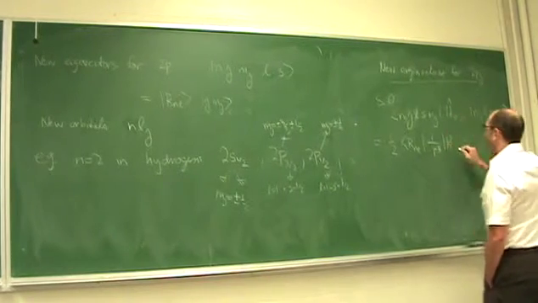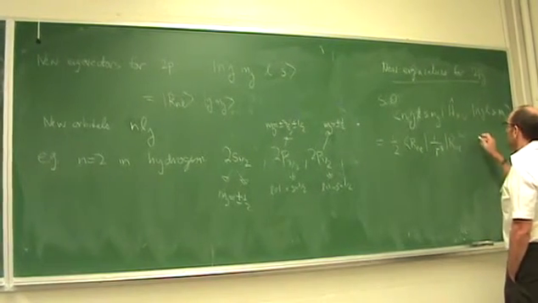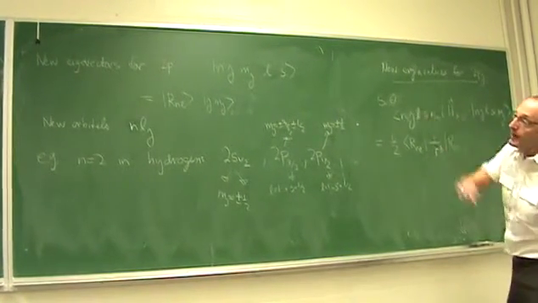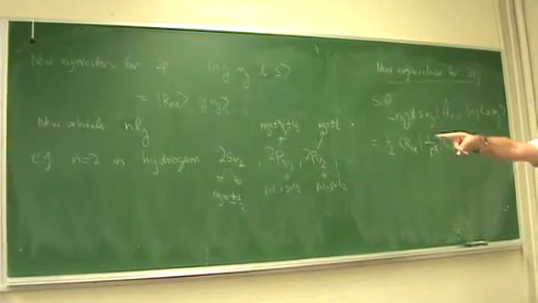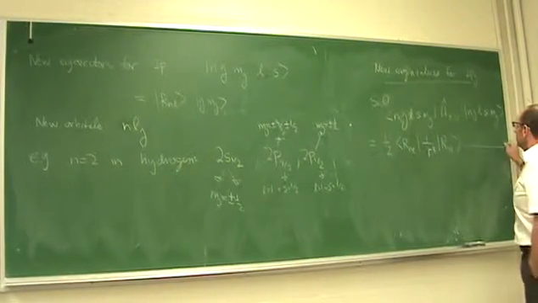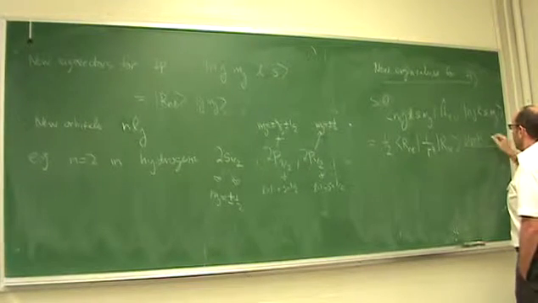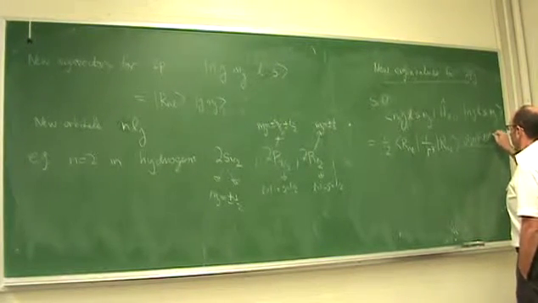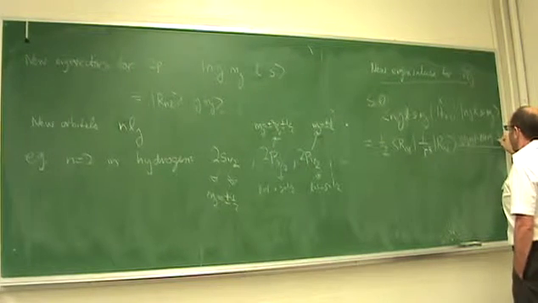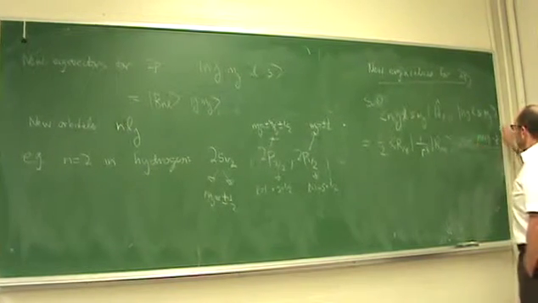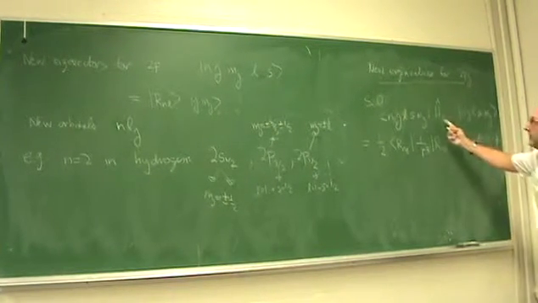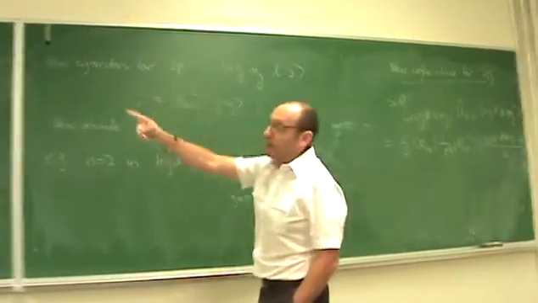That's that 1 over r d by dr term. And then the expectation value of L dot S, which we have written over there, which is j(j+1) minus L(L+1) minus 3/4, over 2. So this is the matrix element of this operator.